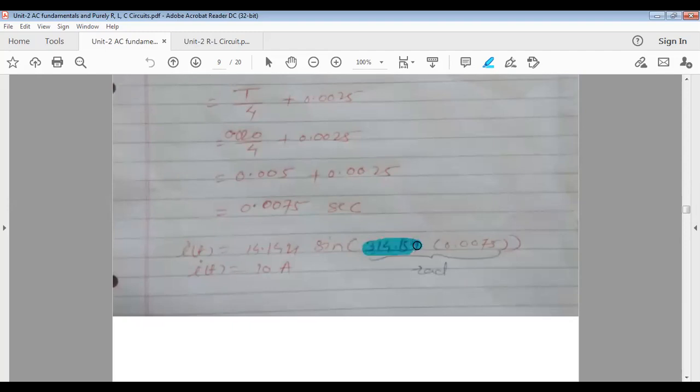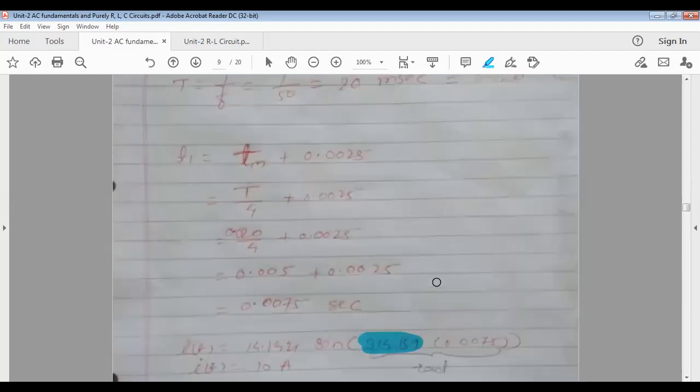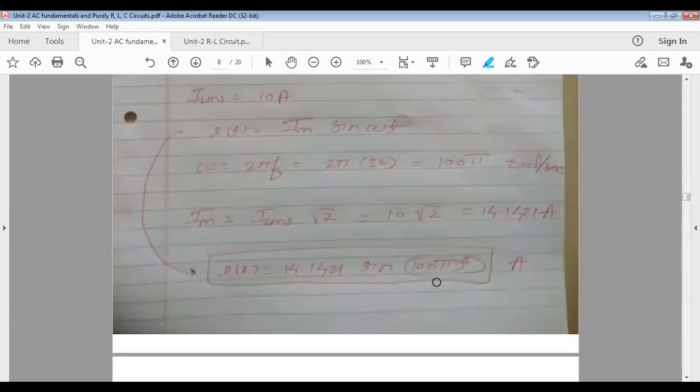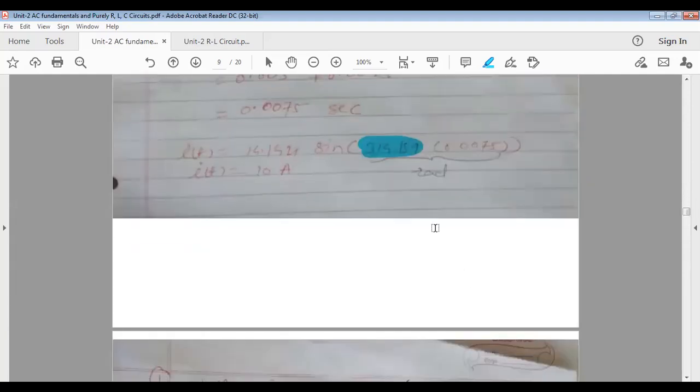What is the unit for this, 314.159, whatever we have calculated? Radian per second, correct. So radian per second into second, second will cancel. Means this complete term will be in what?